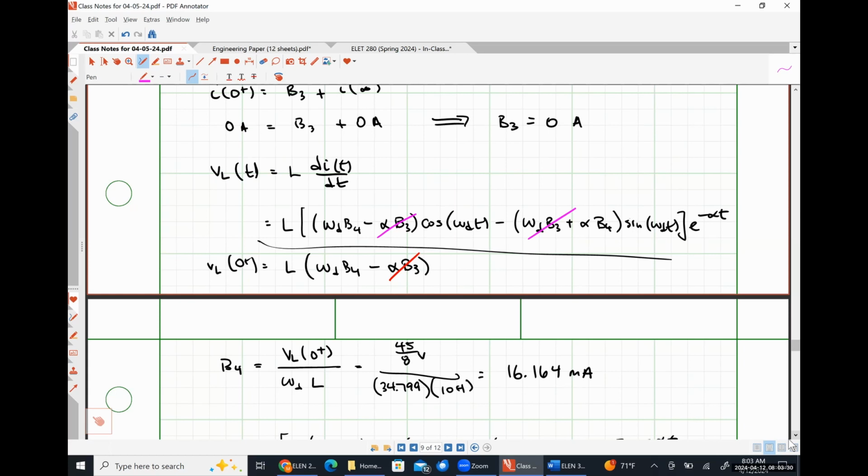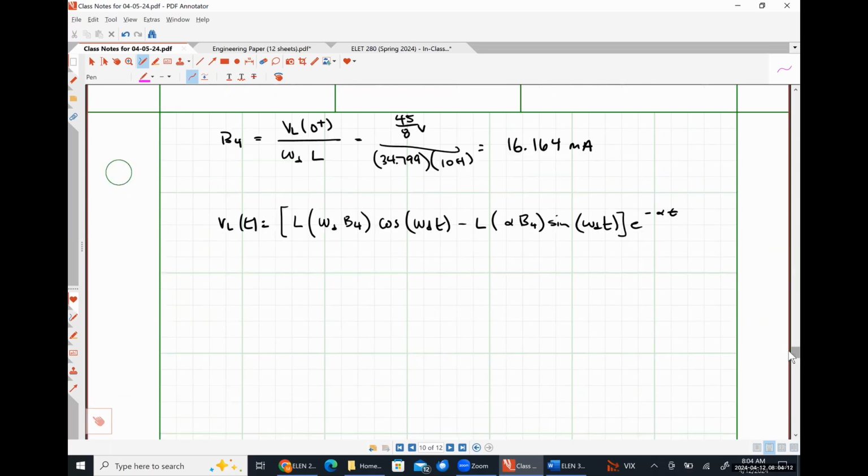I think that's just going to be 45 over 8, times x, times 45 over 8, divided by... 5.625 volts is what I just got, which is 45 over 8. Yep. So let's write that bit.